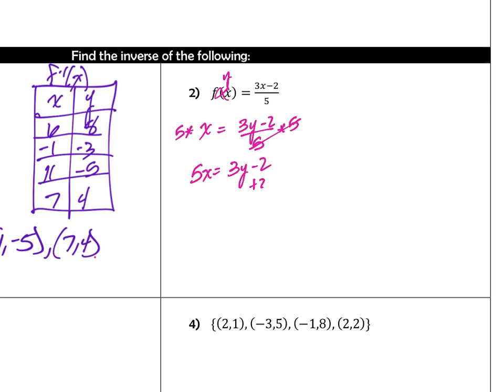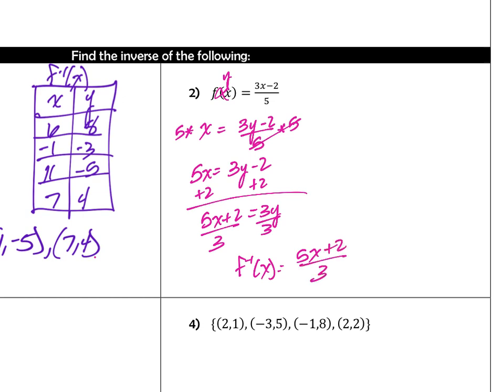And then I'm going to add 2 to both sides. So I get 5x plus 2 equals 3y. And then I'm going to divide by 3, and I think this is called f. So f inverse of x is going to be 5x plus 2 divided by 3. Done.